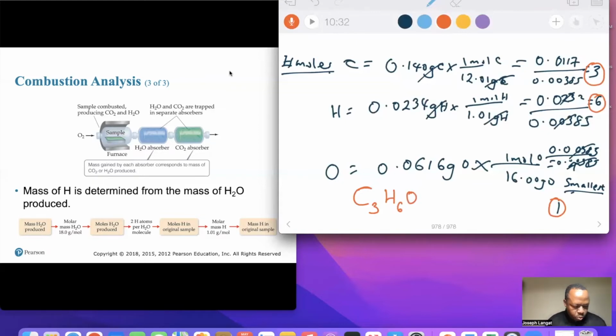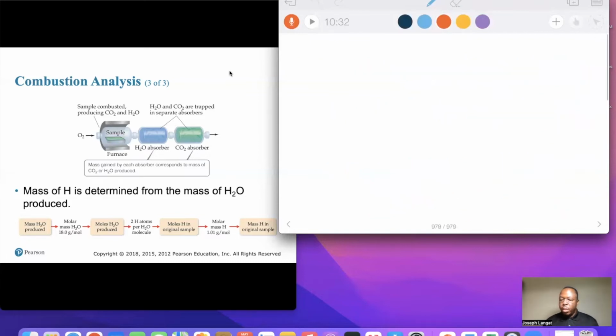Once you know this, this is now the empirical formula for the compound. We know the empirical formula.